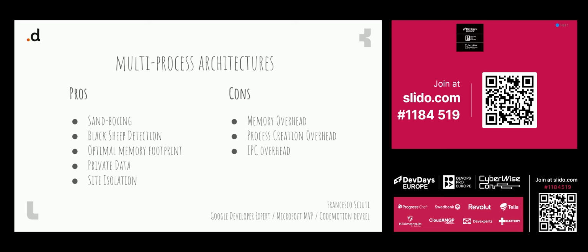Okay, there are some cons too, but we are talking about a multi-process architecture, so it's normal that we have a lot of processes that use memory and need to communicate with IPC. Okay, so this overhead is normal, but it is managed.